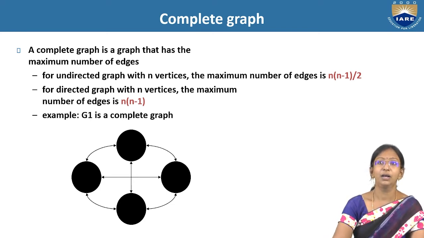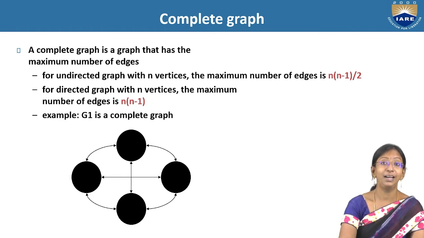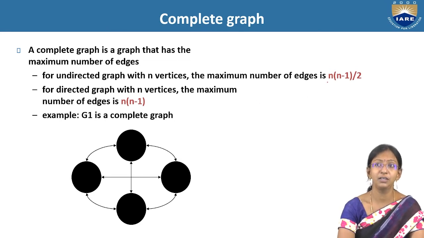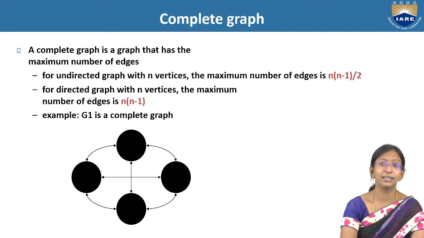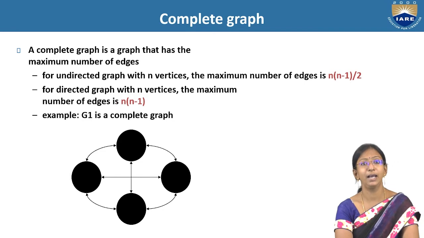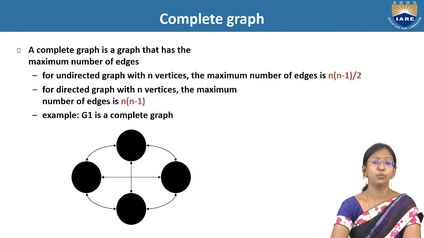So have a look at this one. In an undirected graph with n vertices, the maximum number of edges you can have is n(n-1)/2, whereas in the case of directed graphs, it is n(n-1). Please do remember these two points.